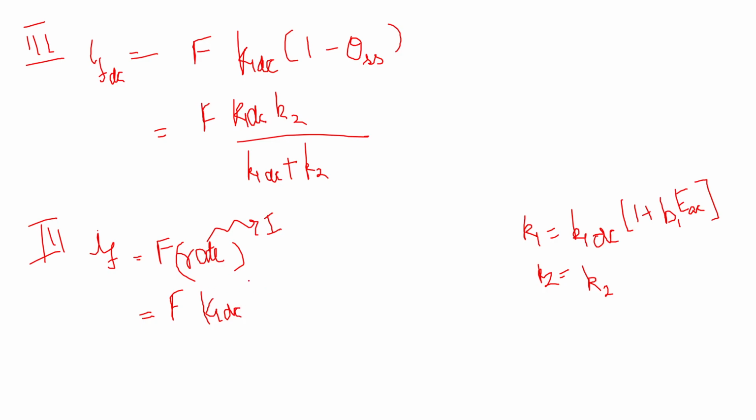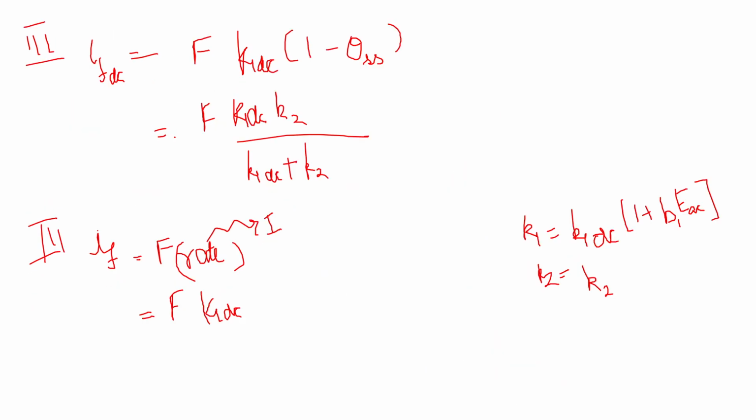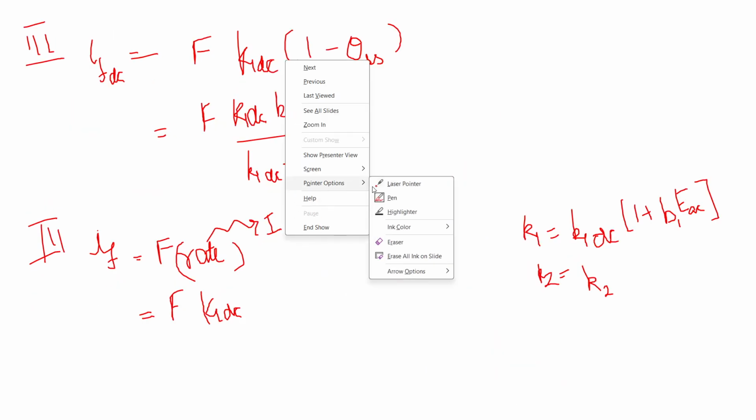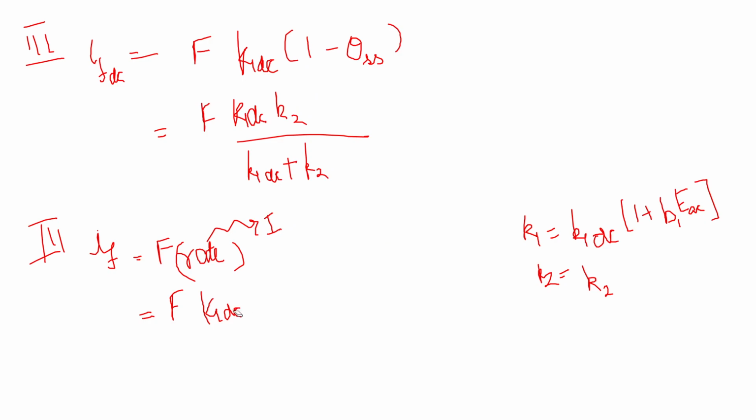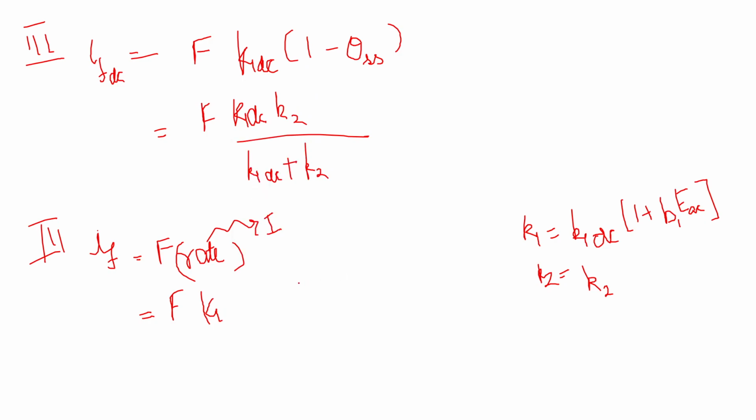The rate will be nothing but only the first step is contributing, which is K1 into M, right? So you know that only the first step is contributing, which is nothing but K1 into M. I mean here how it is written, K1 into 1 minus theta.